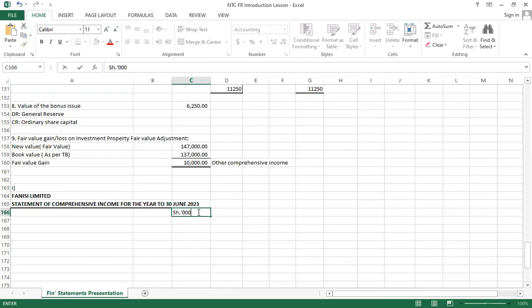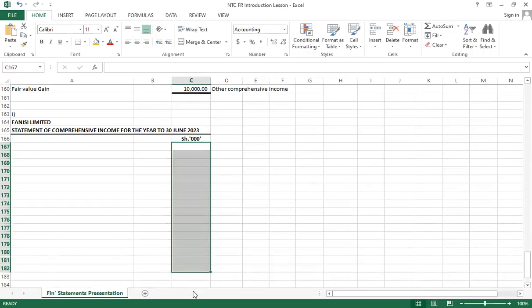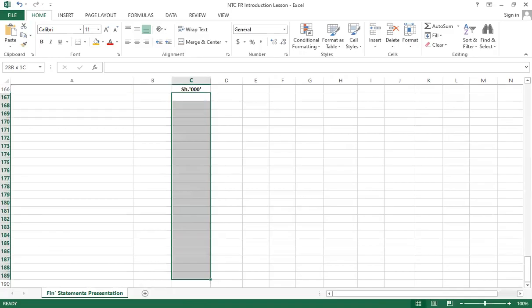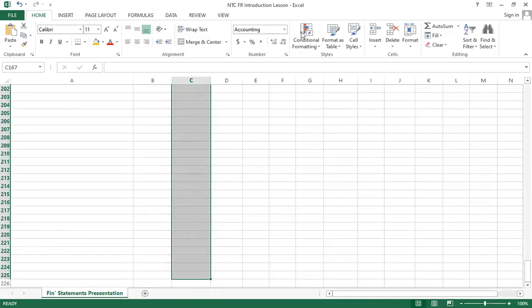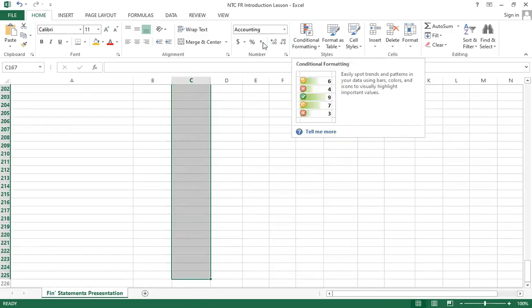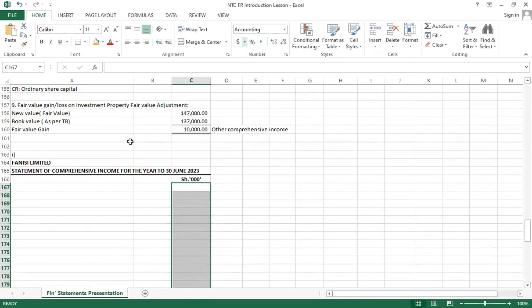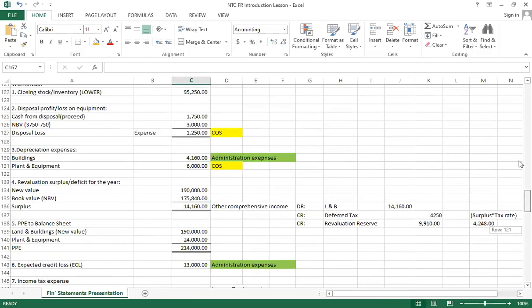Our level of precision is shillings in thousands. And if that is the case, then for the income statement, what is the starting point?